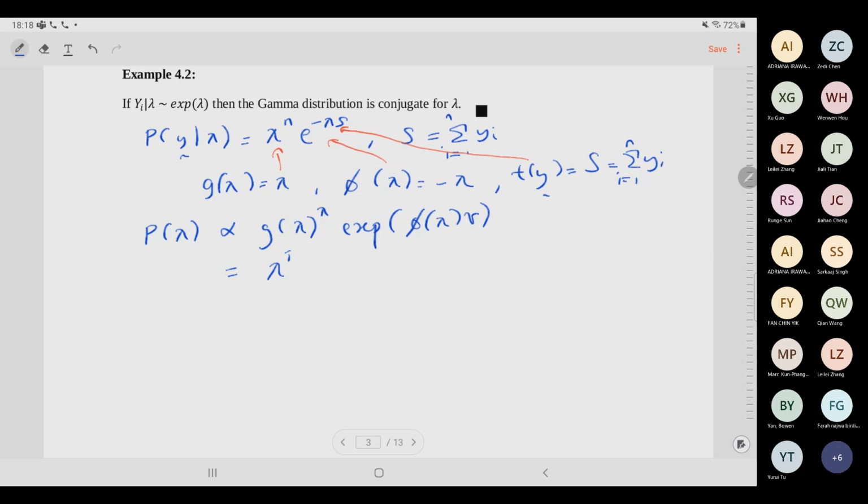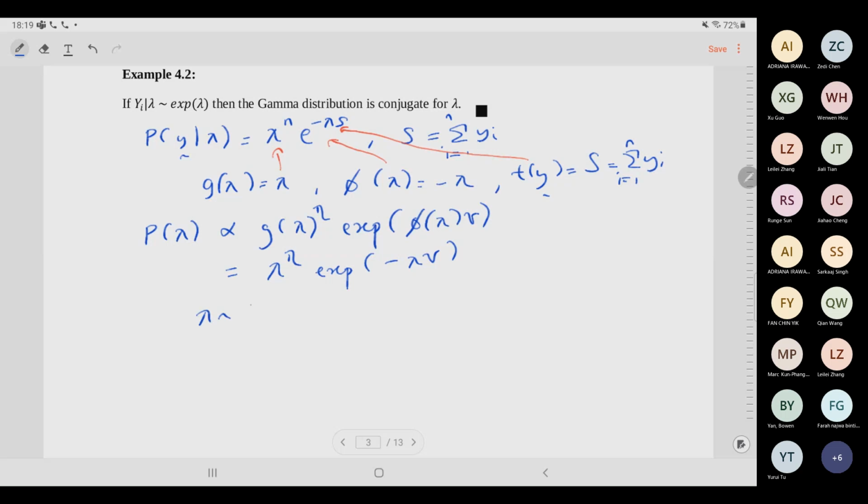Oh, sorry, we should be careful with the notation. This is actually lambda power eta, and then we have exponential phi of lambda is minus lambda, so we have minus lambda v. If you look at this, it is actually the kernel of a gamma.